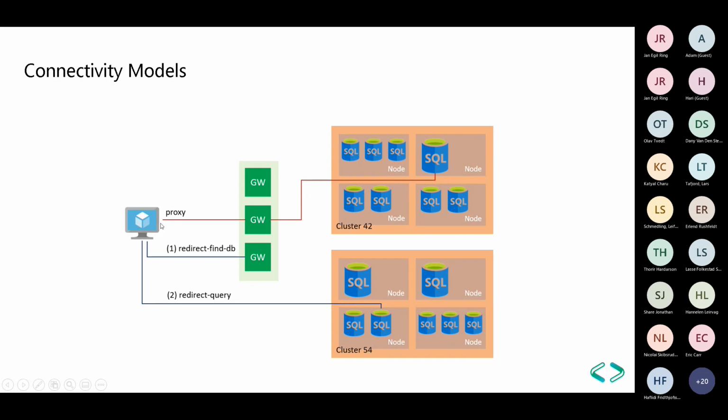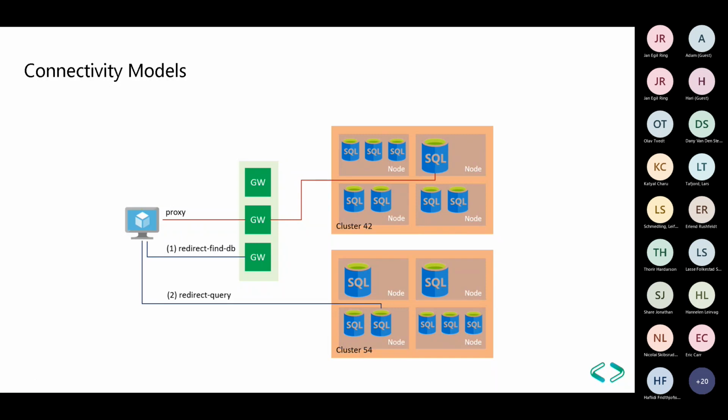But if the redirect policy is in place, then the connection goes to the gateway and the gateway redirects the connection to the Azure SQL Server. So in this case, the client application goes directly talking to the Azure SQL Server.